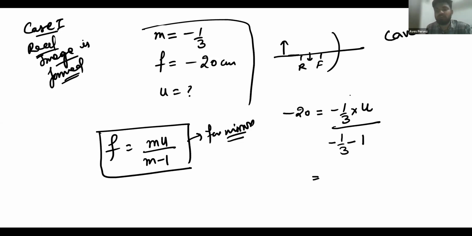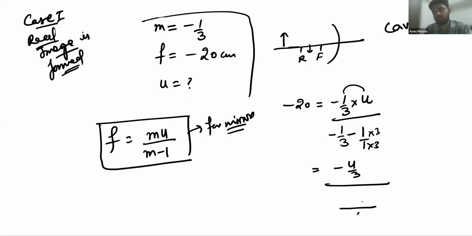Now solve it again. When you multiply this one, you will get minus u by 3 here, upon, in order to take the LCM, you will get 3. And you will get minus of 1 and here you will get minus of 3.